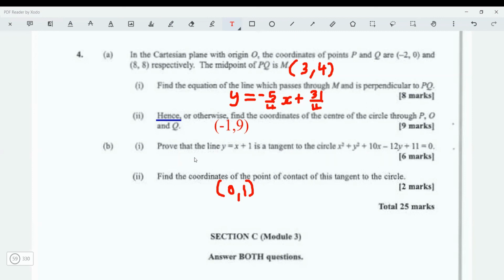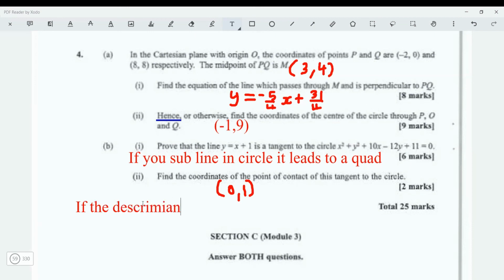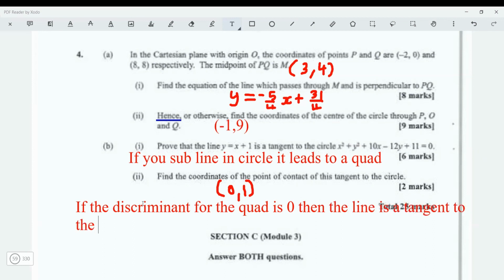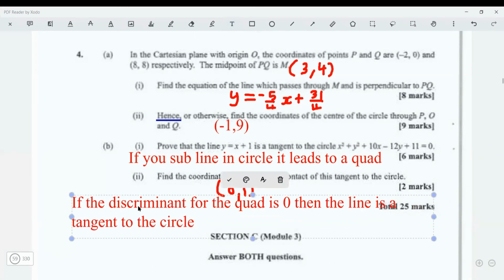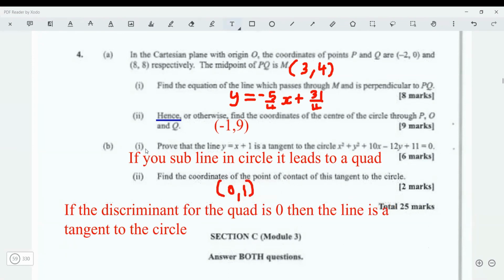If the discriminant for the quadratic is 0, then the line is a tangent to the circle. That's all. So probably that's what they were expecting us to do in part 1.